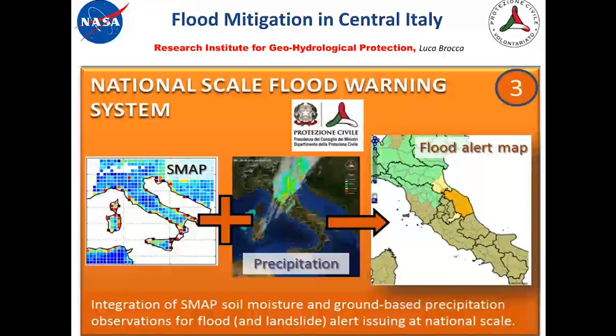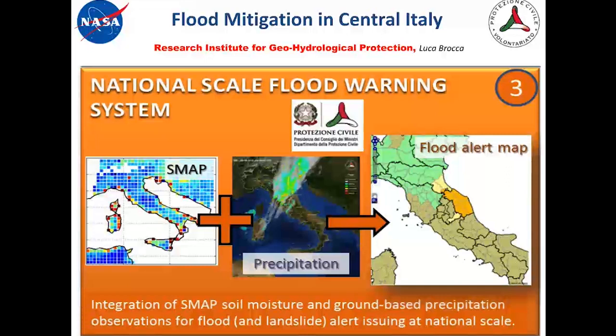And this is directly with the communication of the Civil Protection Group and the flood managers. So he puts the data into a national scale flood warning system, and he looks at flood and he looks at landslide potential and landslide risk. And his real-time assimilation of SMAP data into this operating system feeds into the central Italy decision process. So the validation with ground data based soil moisture observations is something that Luca is very fluent in.